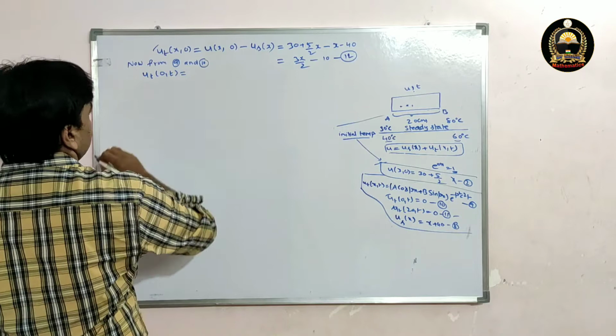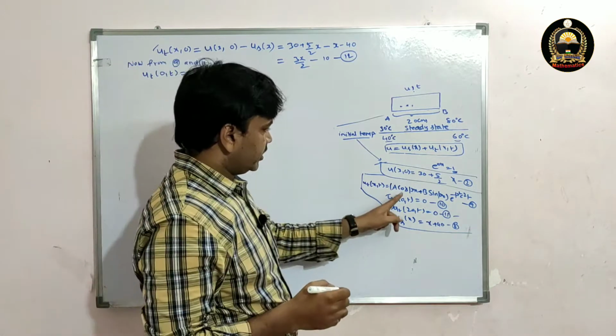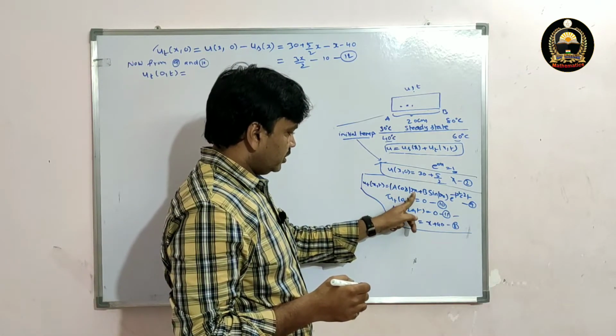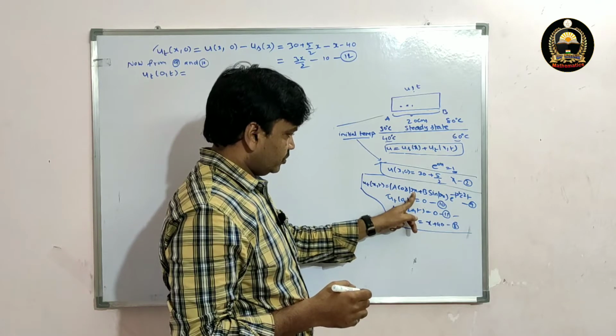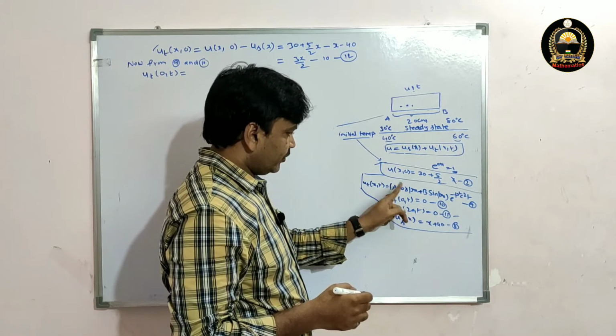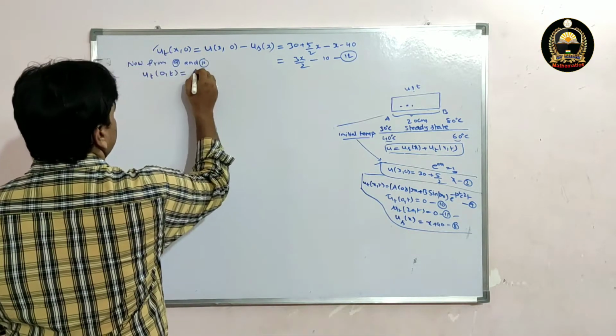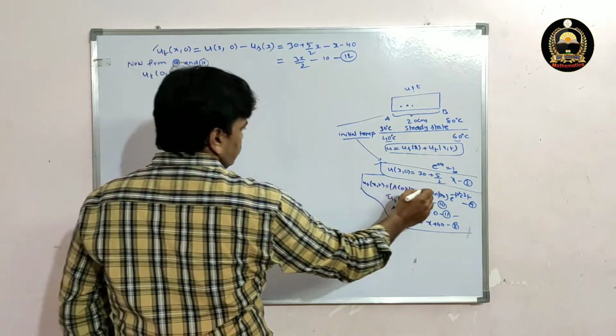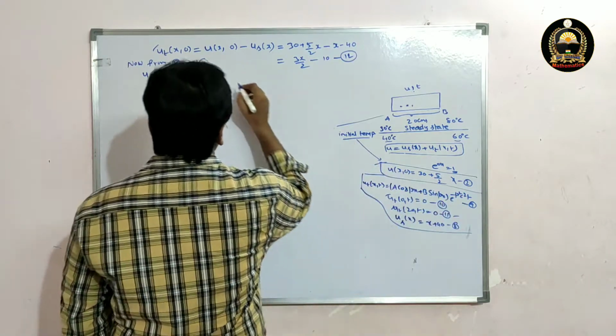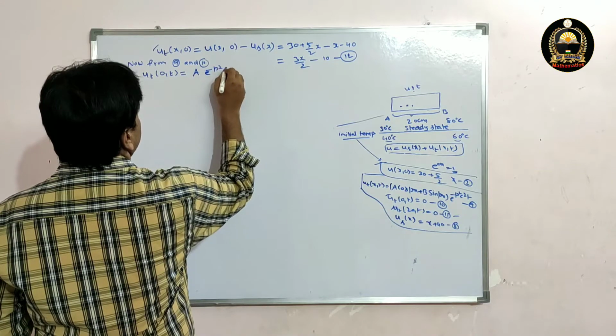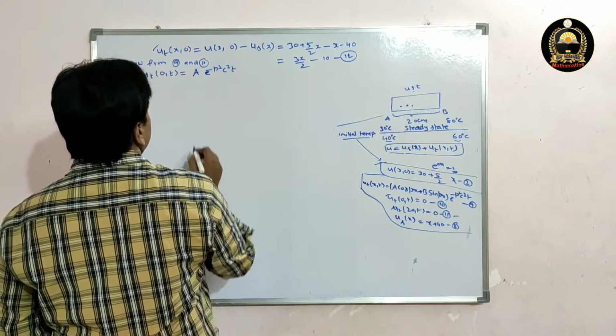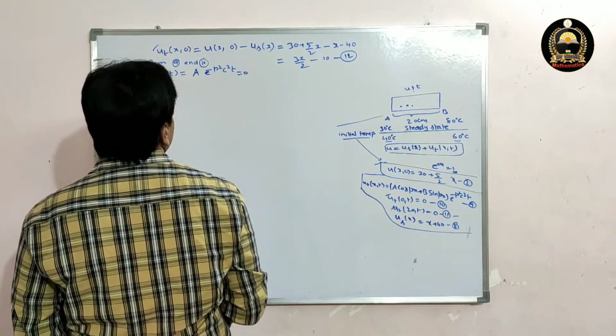So that is equal to, put 0, students, here x value is 0, cos 0 value is 1, so we get A, sin 0 value is 0, into e power minus p square c square t, this value is 0.